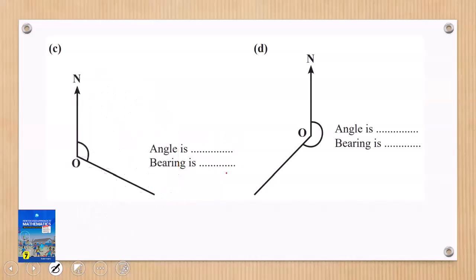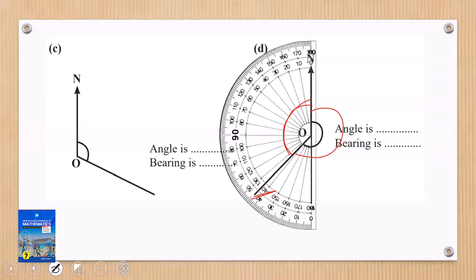Then finally, let's do it for this one. Now take note that this one, the angle is reflex, and we can't use a protractor to measure a reflex angle, I mean the one that we have. Even though we can have a circular protractor which can be used to measure reflex, the one that you have in your mathematical set cannot be used. So what we do is that we rather measure the obtuse angle here, then we subtract the value from 360. So let's measure that.